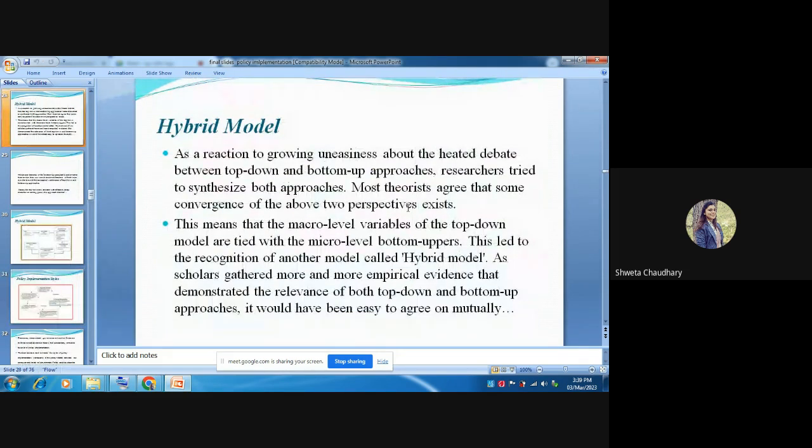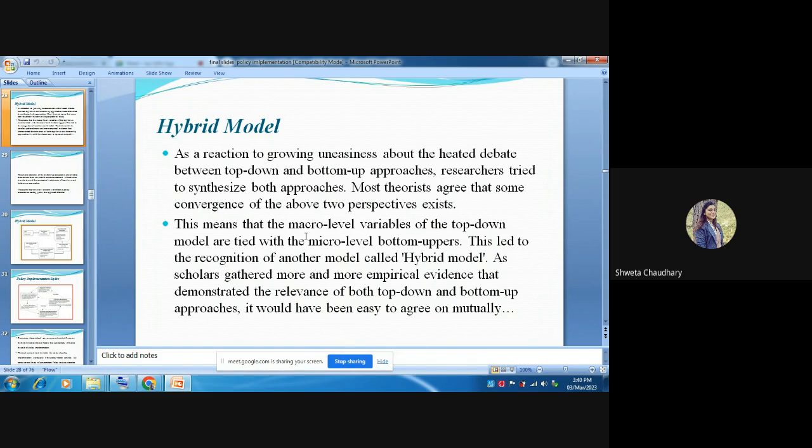Now, some things are not resolved even by both top-down and bottom-up approaches. Then a new model was created, that is the hybrid model. This hybrid model is a merger of both top-down and bottom-up approaches. This means that the macro level variables of the top-down model are tied up with the micro level bottom-up ones.